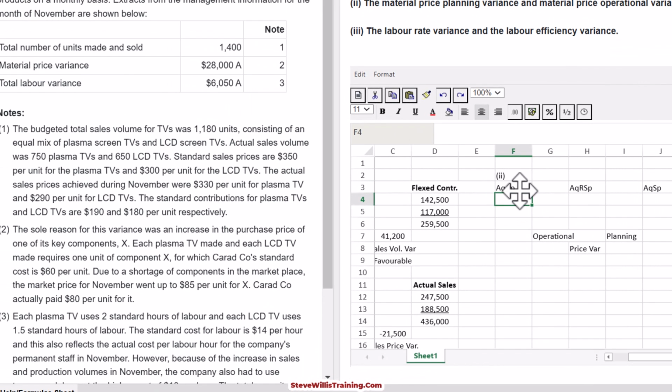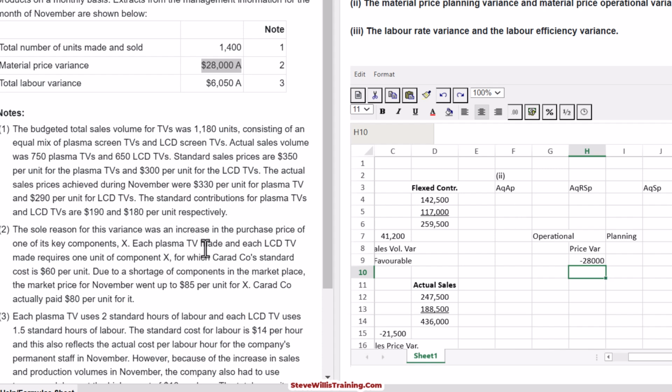Now, let's dig around in the next note and find the actual quantity of direct materials. And we learn that there's a price variance of 28,000 adverse. So when we're all done, those two variances should actually net to negative 28,000. Hopefully they do.